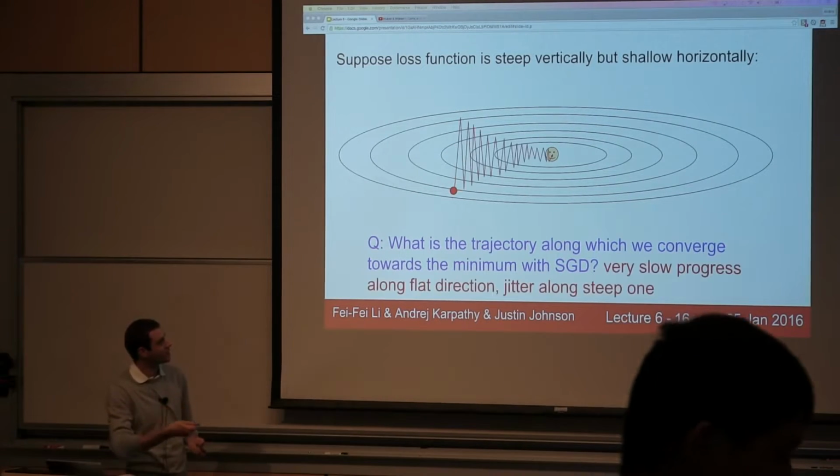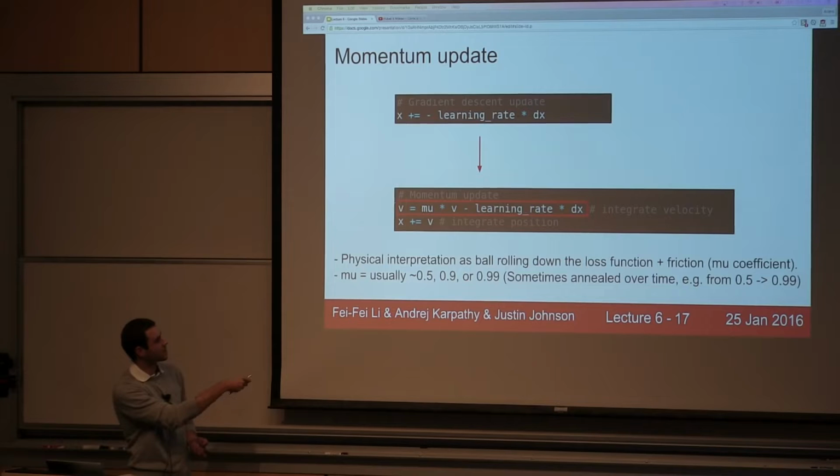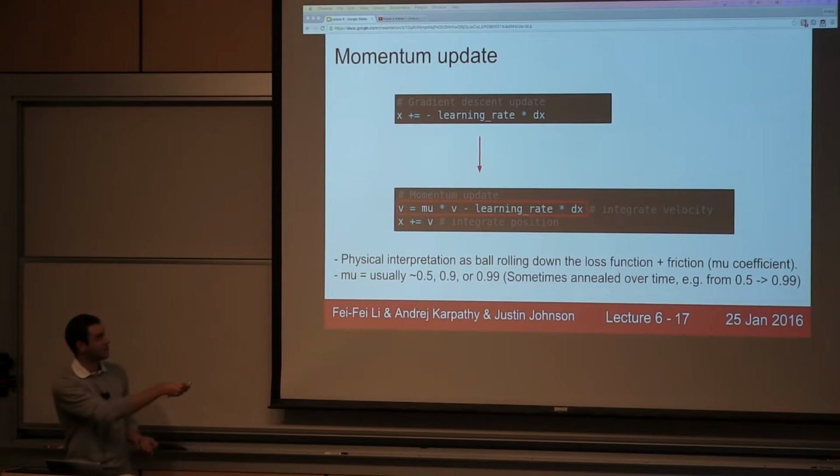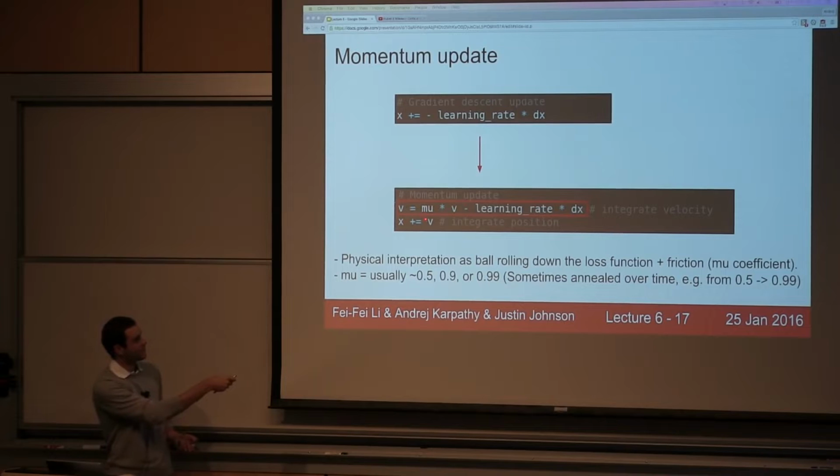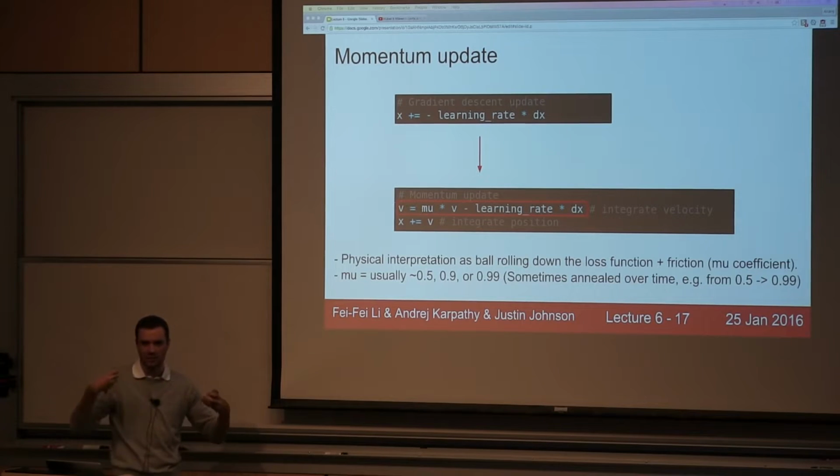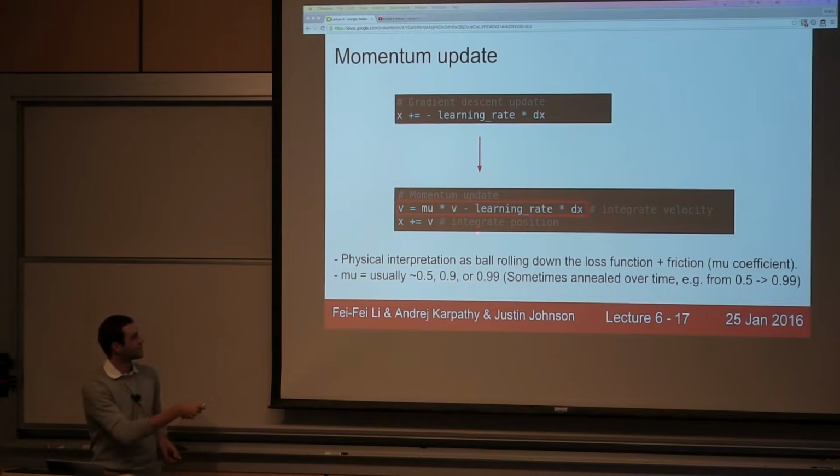And so acceleration is what we're computing, and the velocity gets integrated by the acceleration here. And then the mu times v has the interpretation of friction in that case, because at every single iteration, we're slightly slowing down. Intuitively, if this mu times v was not there, then this ball would never come to rest because it would just jiggle around the loss surface forever, and there would be no loss of energy where it would settle at the end of a loss function. And so that's the momentum update.